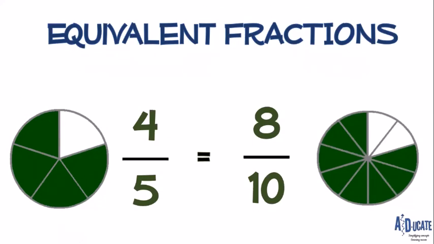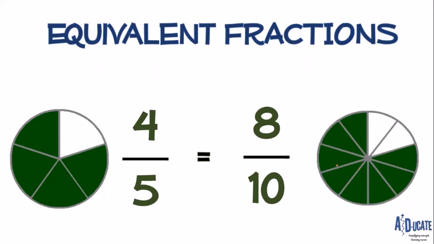Equivalent fractions is something else we want to talk about. Equivalent fractions don't look the same, they don't have the same denominator, they don't have the same numerator, but they actually mean the same thing. On the left, we have 4 over 5, meaning our cake was cut into 5 equal slices and we've shaded 4 parts. On the right, we have the same cake, same size, but this time instead of cutting it into 5 equal slices, we cut it into 10.